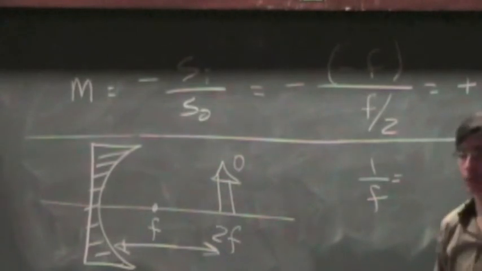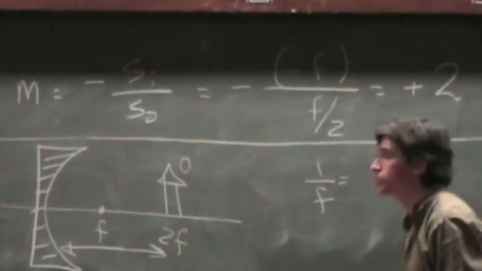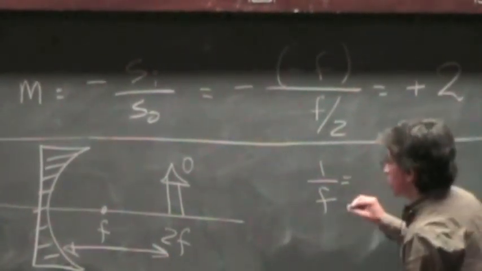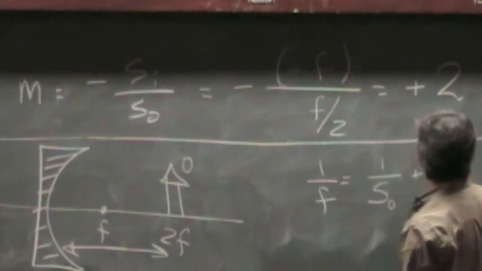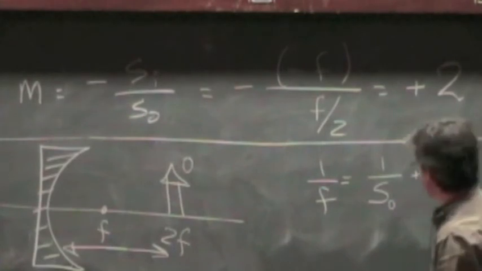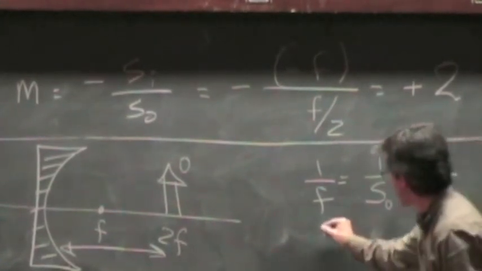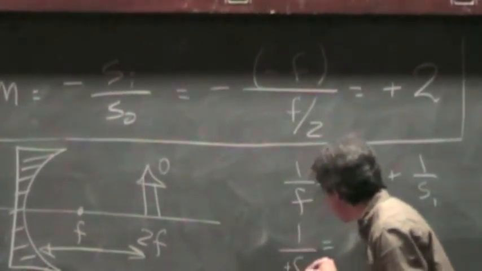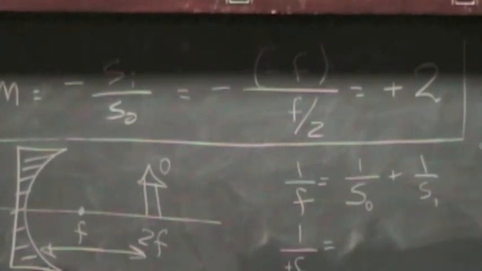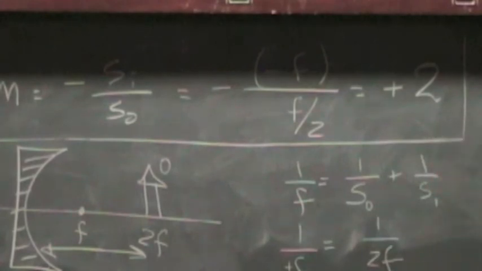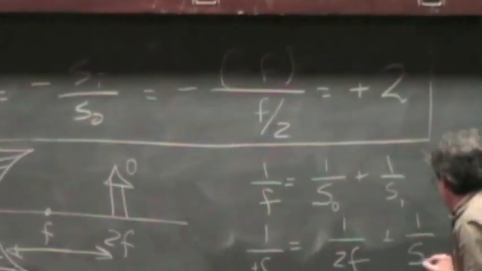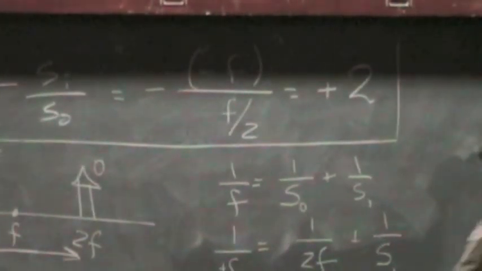It's called the thin lens equation, but it applies to mirrors also. So 1 over F equals 1 over the distance to the object plus 1 over the distance to the image. As I said, this is a positive number for a concave mirror. Distance to the object, in this example, is 2f. And we're solving for the distance to the image.